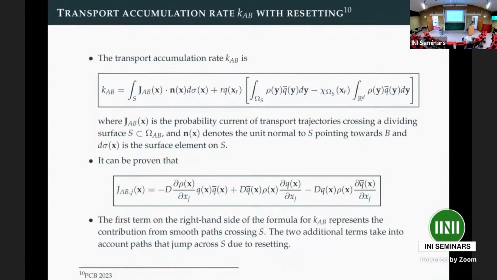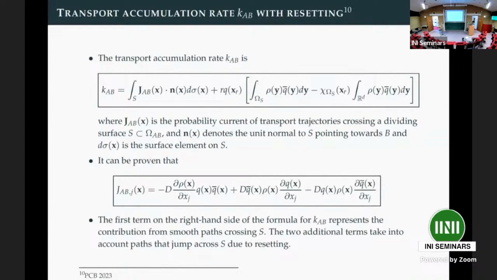So at this level you need both Q and Q bar, and you also need the stationary density. What I've shown is that because of the presence of these discontinuous jumps across the surface, there are extra terms, which are a bit messy, involving these two terms. So that's the first point.